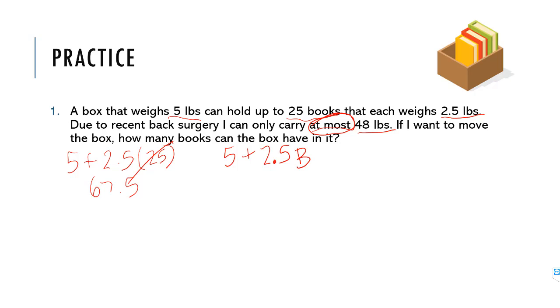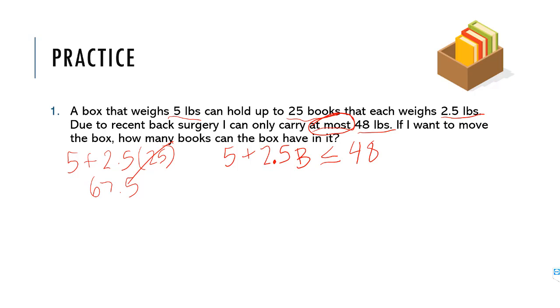You could also solve this with an equal sign and then put the inequality in at the end, but let's do it at the beginning for this problem. At most 48 pounds. So if I'm comparing the weight of the box with the books inside of it, it has to be less than or equal to 48 pounds because it's at most 48 pounds.